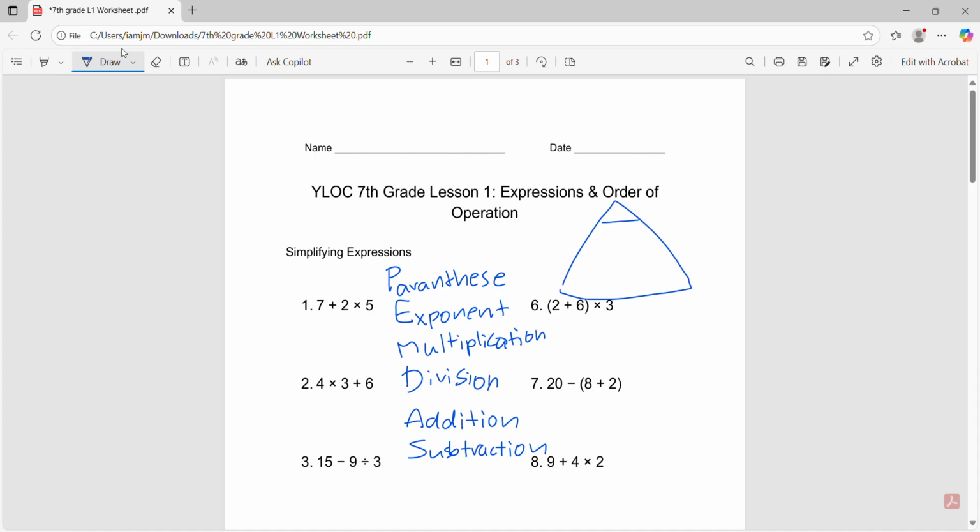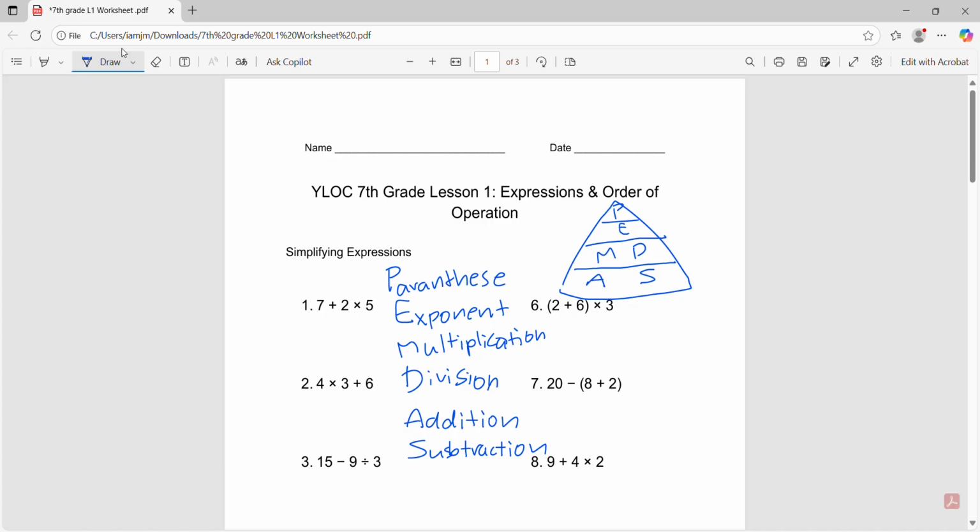The very first priority, the king, will be P, parentheses. That will be the very first thing solved in an expression. Then comes E, exponents. Next, M and D, multiplication and division, and then additions and subtractions.